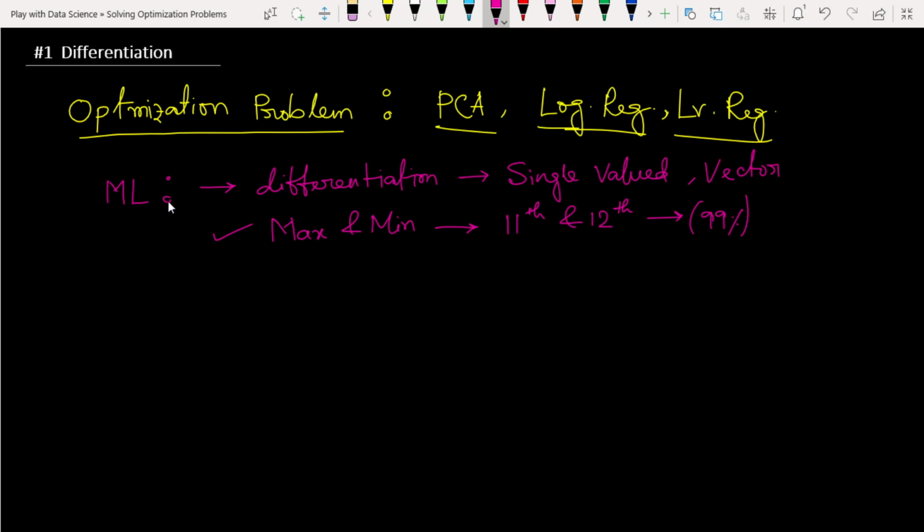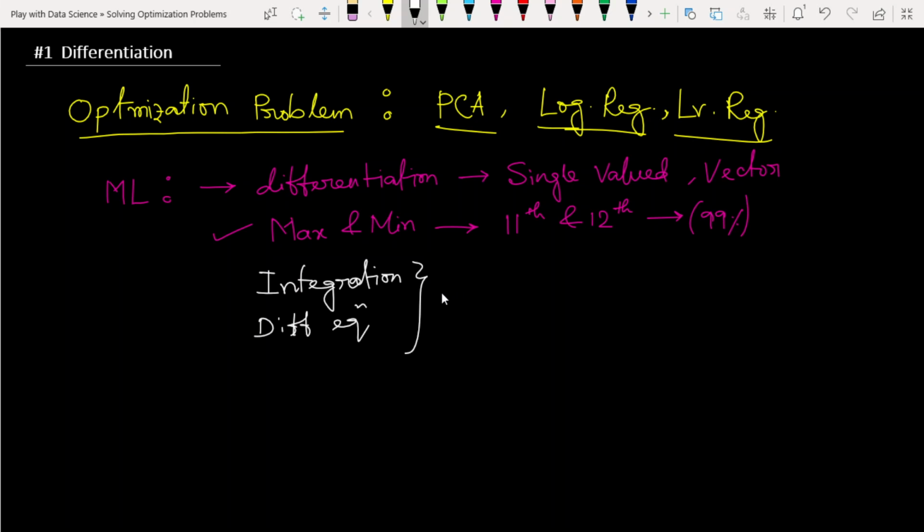In calculus, there are other chapters like integration and differential equations, but they are not as useful as differentiation. Differentiation is the most fundamental concept in machine learning. 99% of places in machine learning use differentiation, but integration and differential equations are not so useful.